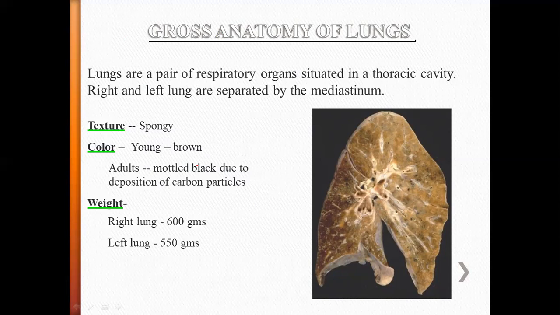The points you have to remember: the weight of the lung on the right side is more compared with the left side. The right side is 600 to 700 grams, the left side is 500 to 550 grams. Do remember this. And the color: at birth it is pinkish, later it becomes brown, then later molten black. The color changes due to the deposition of carbon particles.